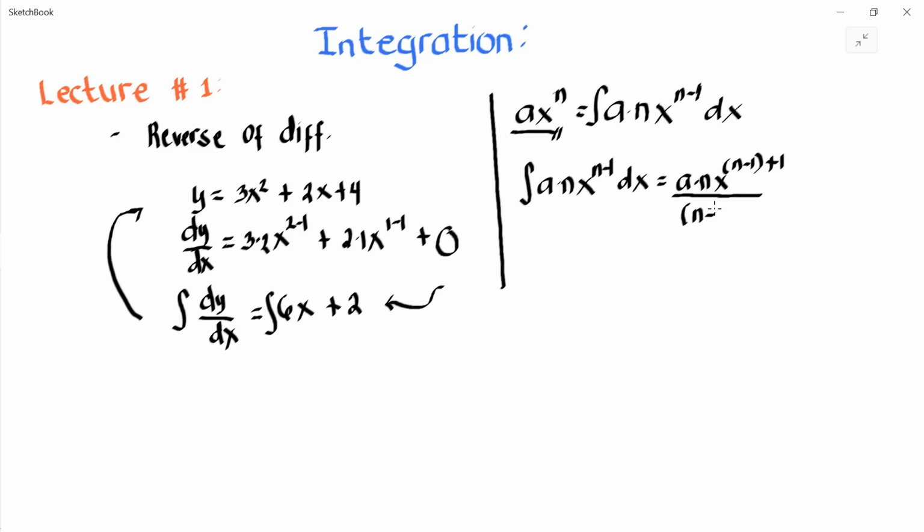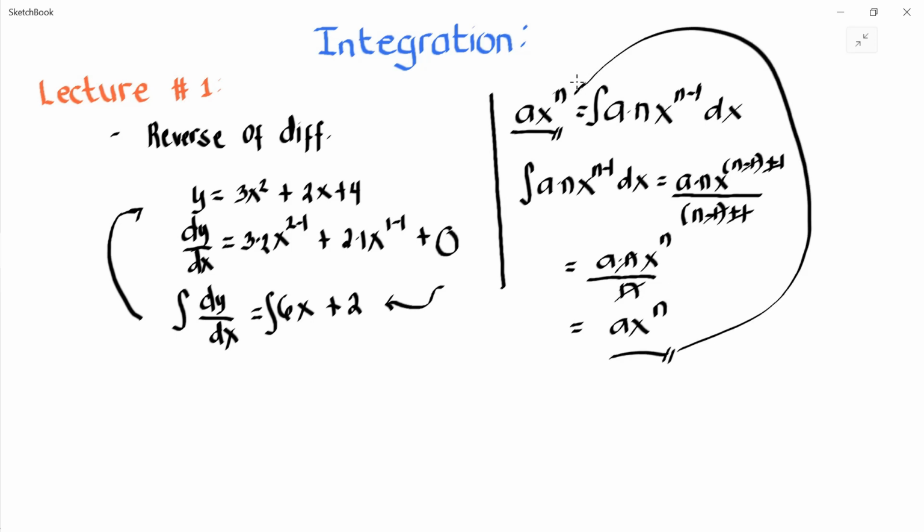So this is n minus 1 plus 1. Simplifying, negative 1 plus 1 cancels out, and as you can see, the n cancels also, therefore we have a x raised to n, which is our original function.